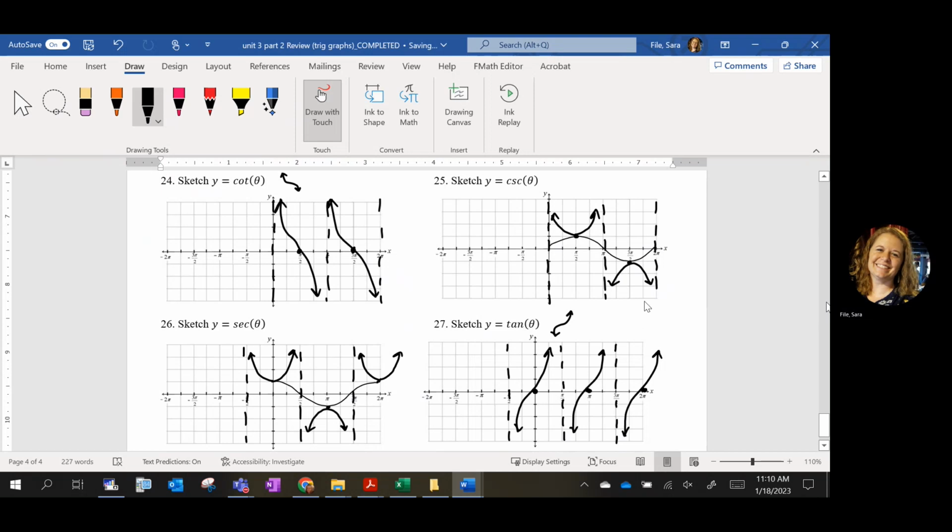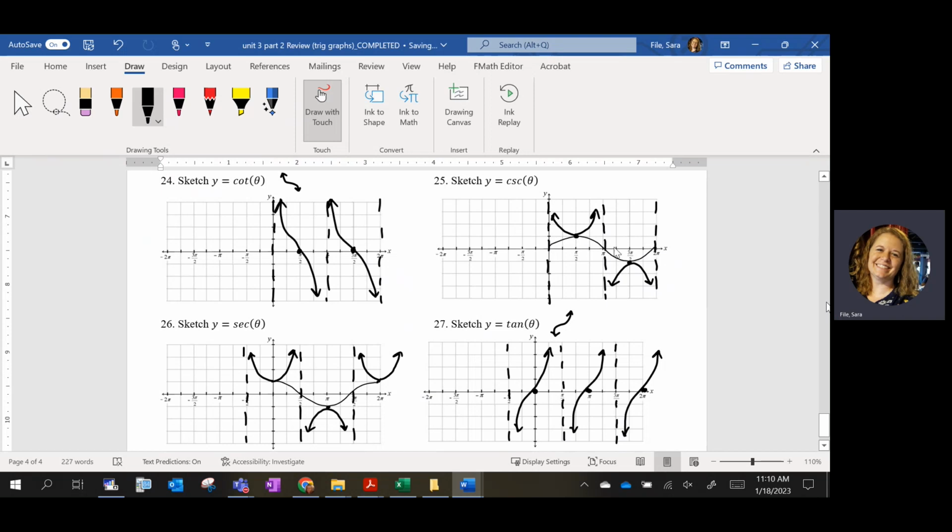Remember, cosecant and secant both still have a period of 2 pi. It takes 2 pi before the graph starts repeating itself because these are alternating up, down, right? So you have to go through 2 of those.